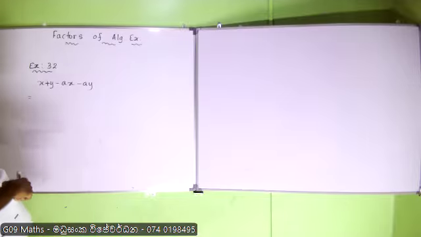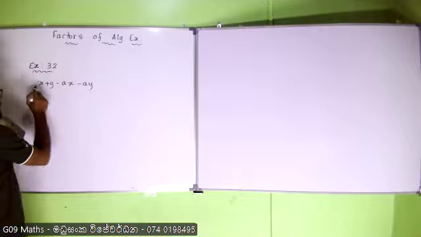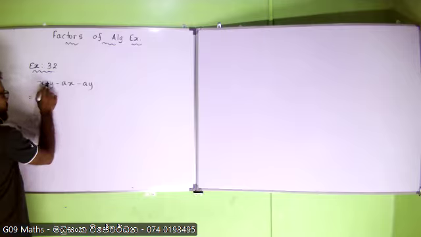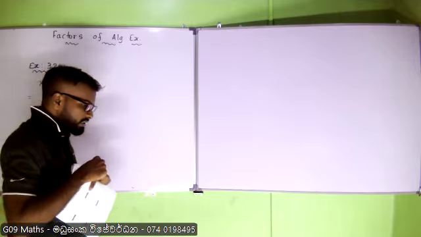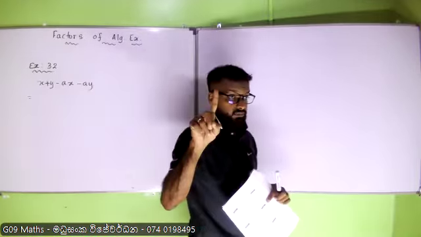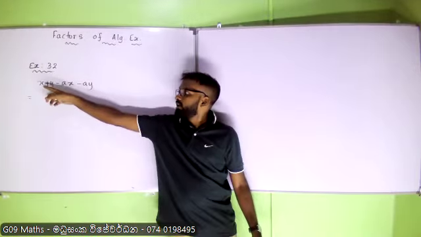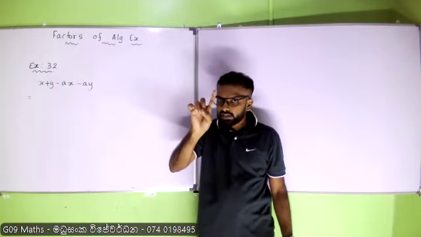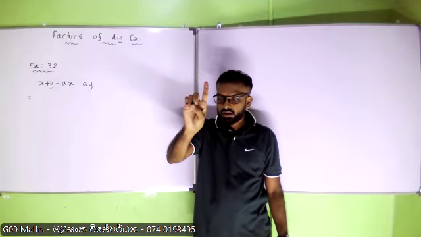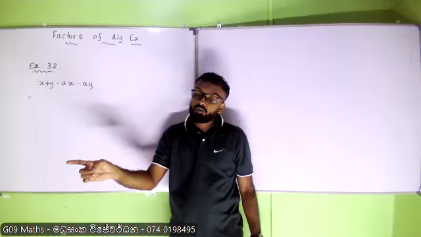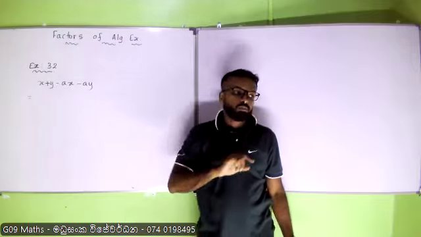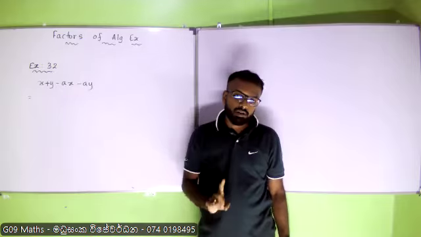I told you there is a common factor. That common factor is 1. For this x and for this y, the common factor is 1. So we are going to take that positive 1 out from the bracket.